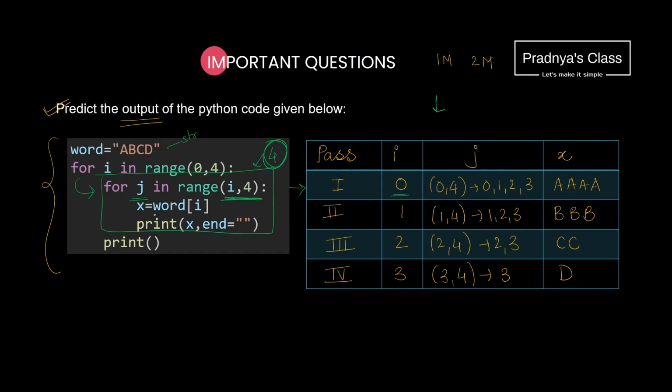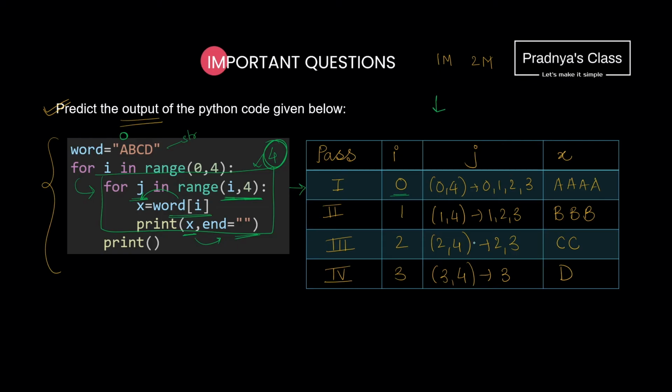What are we doing inside the loop? Word of I is getting assigned to x, and that x is getting displayed with the end parameter. What is the value of I? In the first pass, the value of I is 0. So word of I means the character which is at the index 0. At index 0 we have 4. So it is getting displayed 4 times in the same line because of the end parameter.